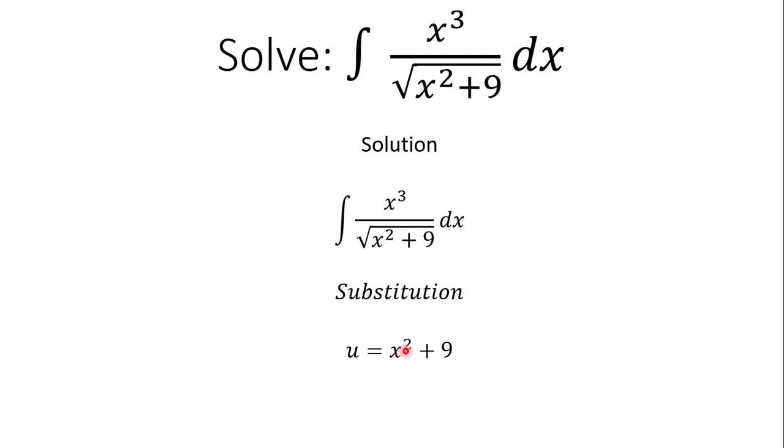And then 2 minus 1 will give us 1. So the answer is going to be 2x raised to the power 1. And any variable raised to the power 1 is the same thing as that variable. Okay, so when you differentiate this one, we get du is equal to 2x dx.